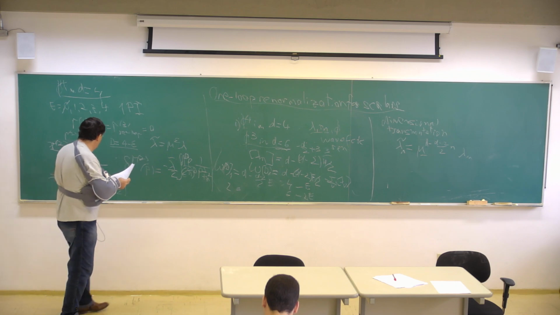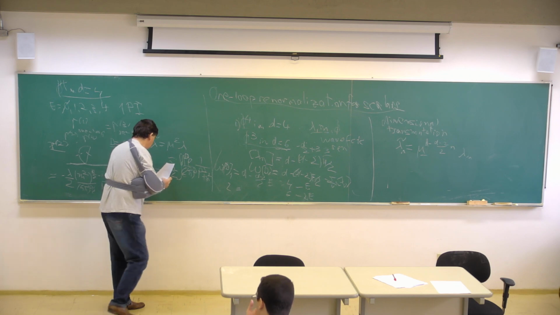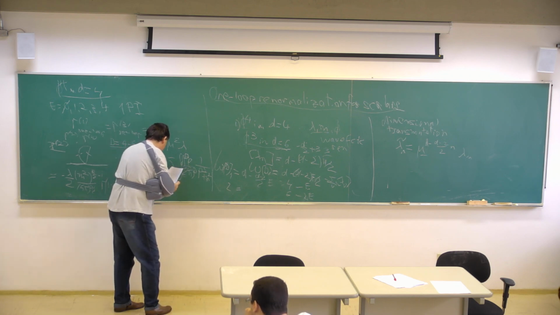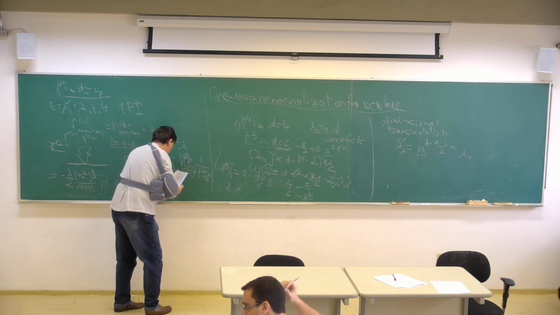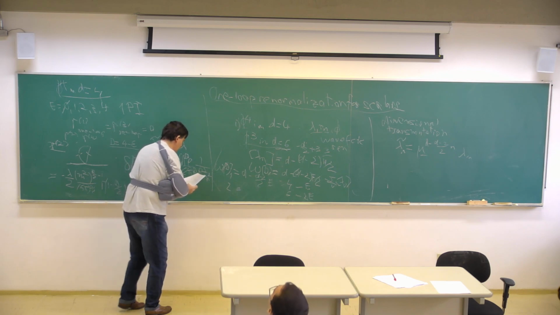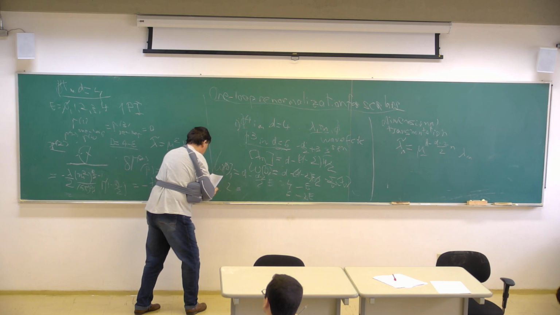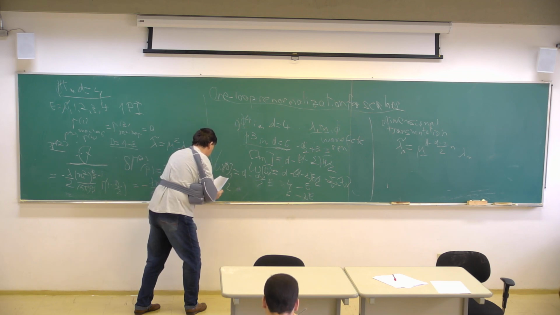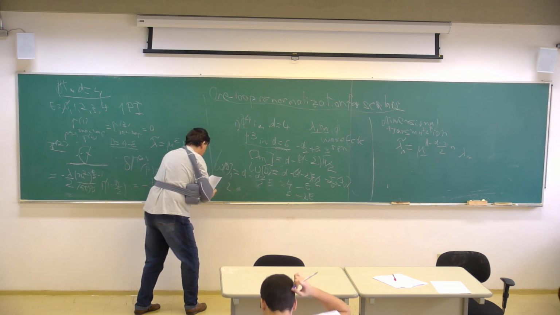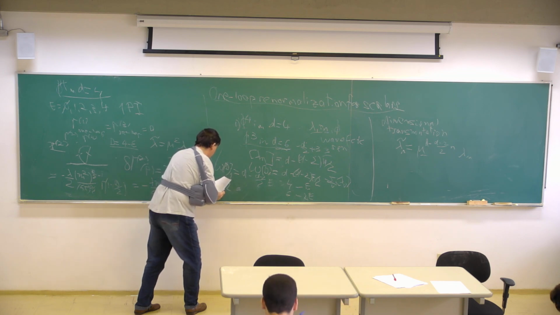And then substituting d equal to 4 minus epsilon, I get minus lambda m squared over 2 times 4 pi squared, and then gamma of epsilon over 2 minus 1 times 4 pi mu squared over m squared to the epsilon over 2.